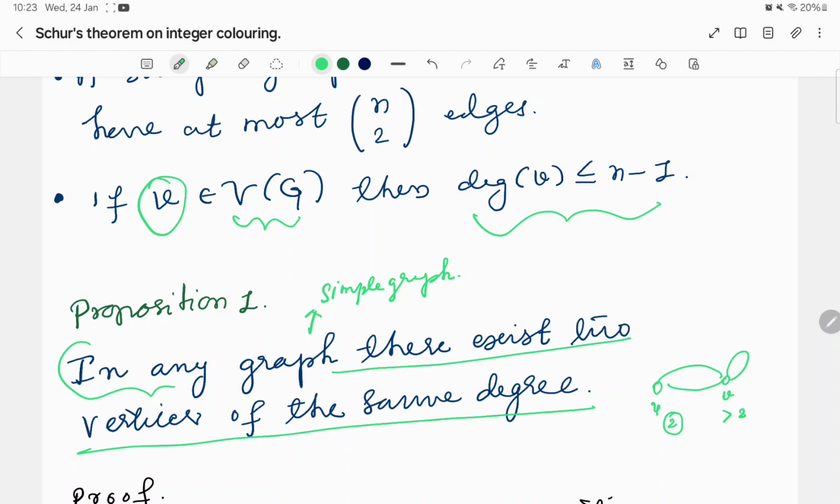We count a loop as 2, so it is actually 4. In this case there are only two vertices, and the theorem says there exist two vertices with the same degree, but they don't have the same degree. So it will not work with multi-edges. So the graph is a simple graph. In any simple graph, there exist two vertices of the same degree. If you allow loops, it will not work.